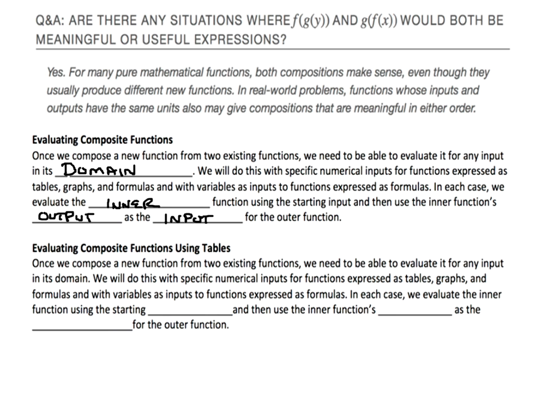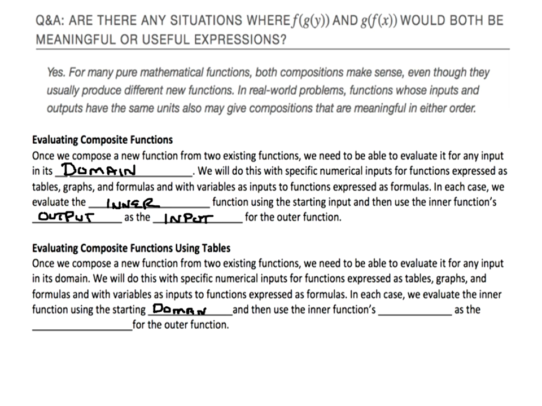All right, once we compose a new function from two existing functions, we need to be able to evaluate it for any input in its domain. We will do this with specific numerical inputs for functions expressed as tables, graphs, and formulas, and with variables as inputs to functions expressed as formulas. In each case, we evaluate the inner function starting with the domain, and then use the inner function's output.